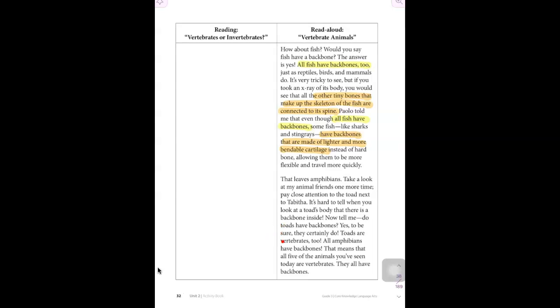Toads are vertebrates too. All amphibians have backbones. That means that all 5 of the animals you've seen today are vertebrates, and they have backbones. It talks specifically about toads in here, that toads are vertebrates, and all amphibians have backbones.